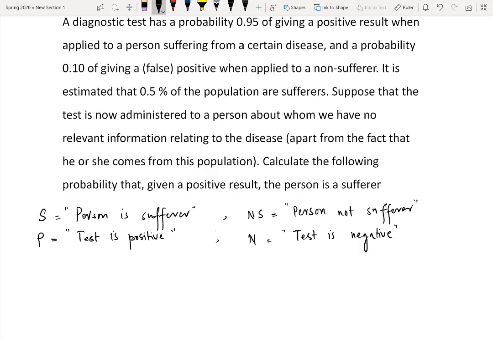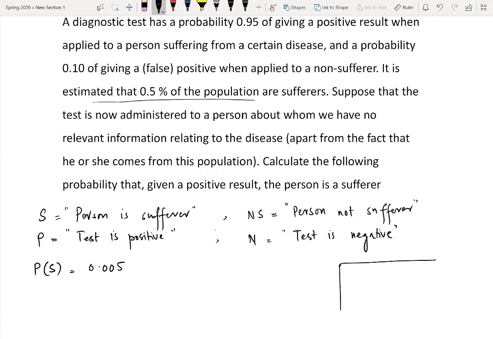So now from the information we can see that it is estimated that 0.5% of the population are sufferers. It means that probability of S will be equal to 0.005, and because in the population there are only two possibilities, either they are sufferers or they are non-sufferers.